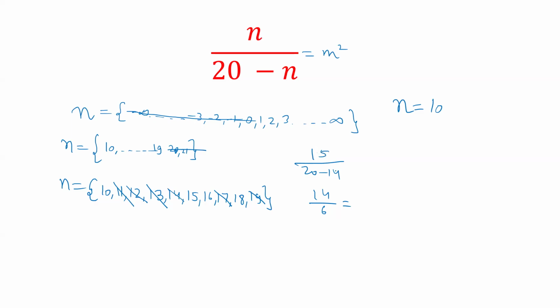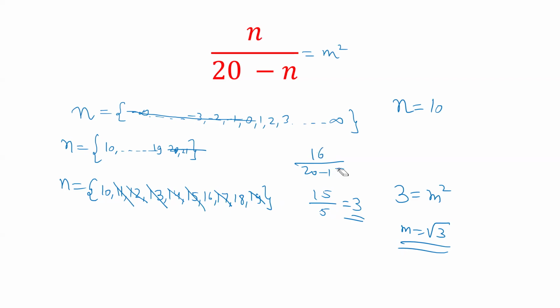Taking 15, 15 upon 20 minus 15 is 15 by 5, and that is 3. Now it is an integer, but it is not a square of an integer. 3 equals m square, so m is root 3, which is not an integer; it is an irrational number. So 15 is also not possible. Though it gives an integer, it is not a square of an integer.